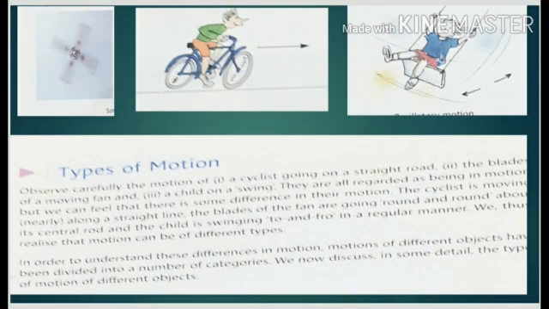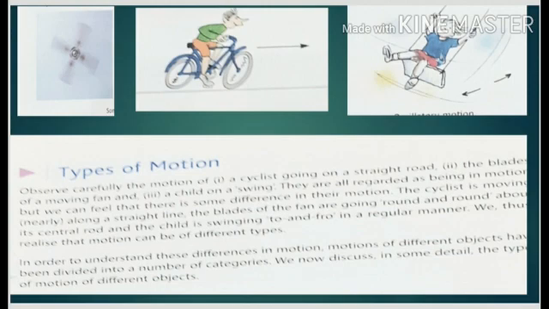A cyclist, a boy wearing a green shirt, is moving on a rectilinear path, a straight path, and a blue shirt boy is taking a swing. The way of changing position is to and fro, front and back.